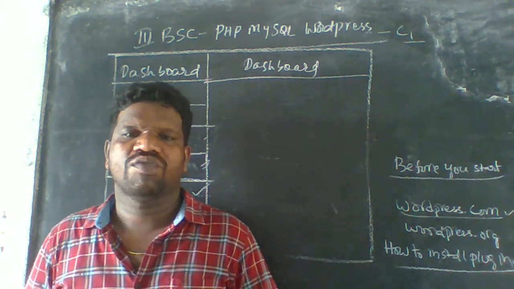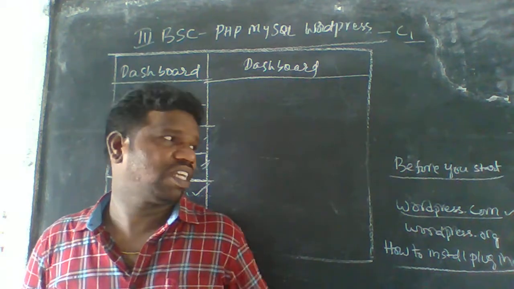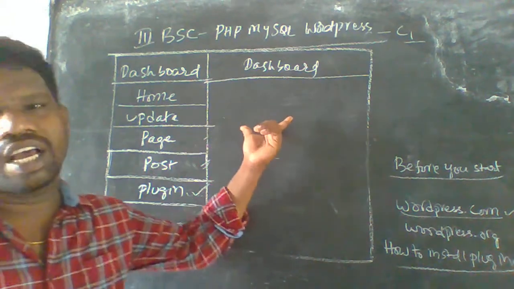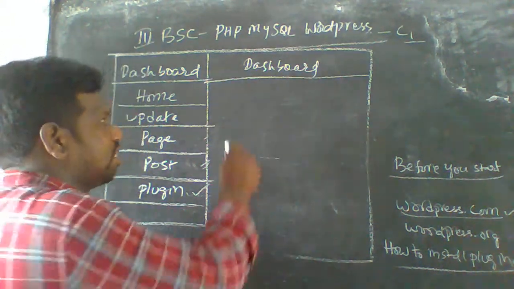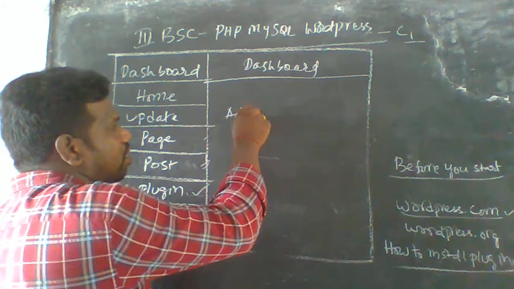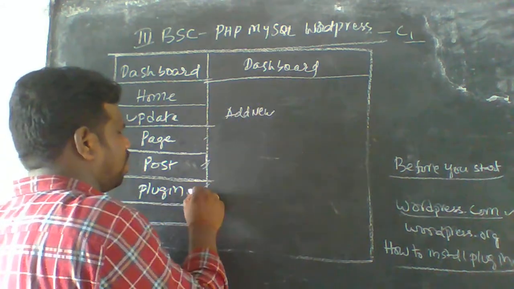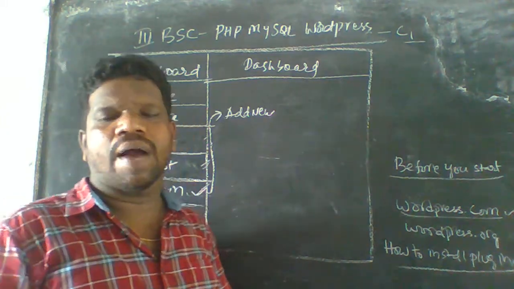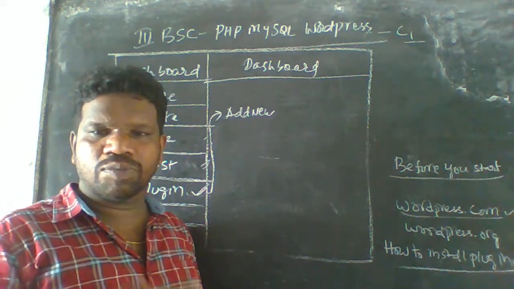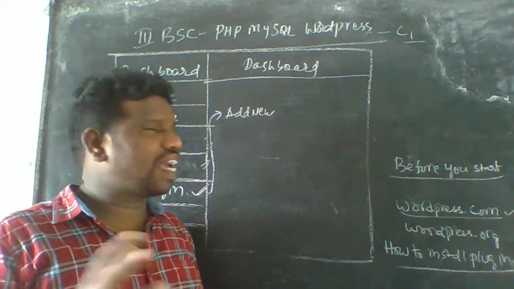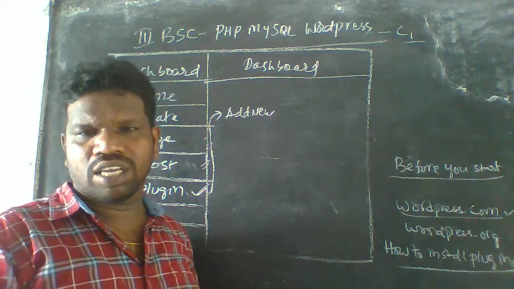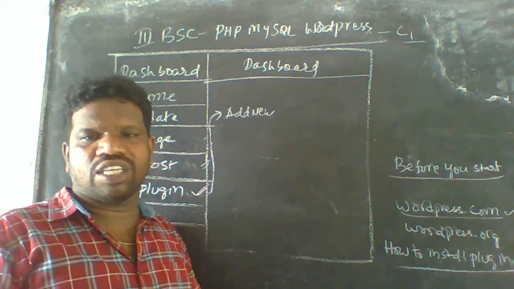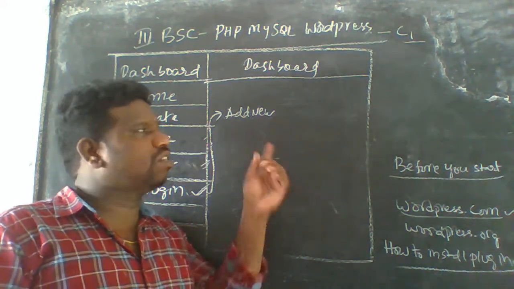First, you need to visit the plugins Add New page. Whenever we click plugins, there is a space available where we have to see Add New. When we click it, the Add New option will appear here. In that there is a search box, and you enter your search terms and directly download the plugin.